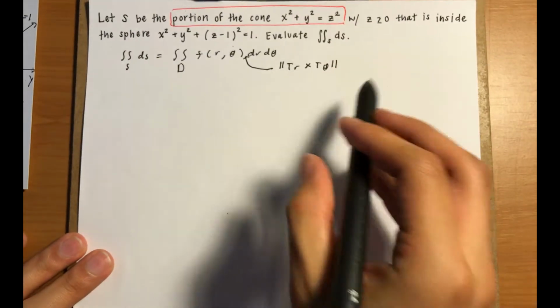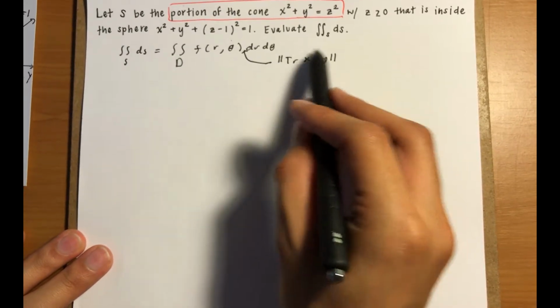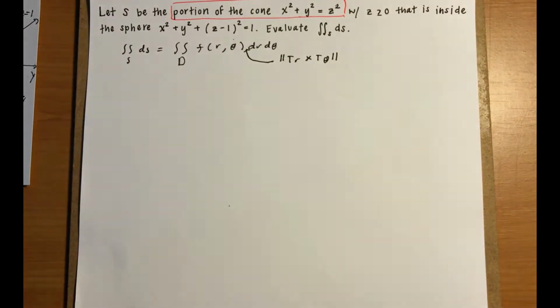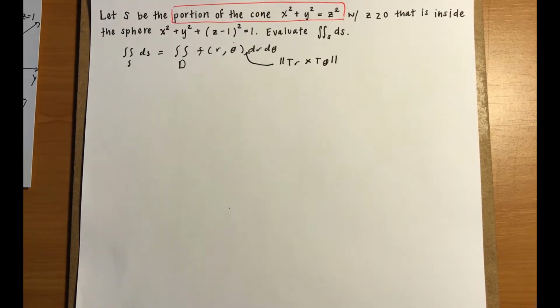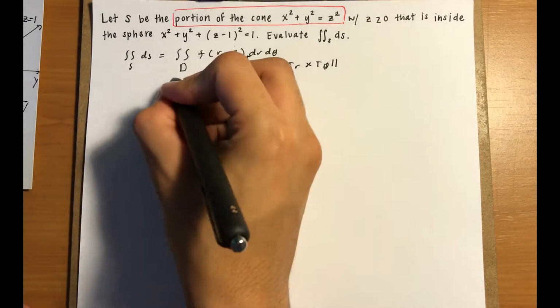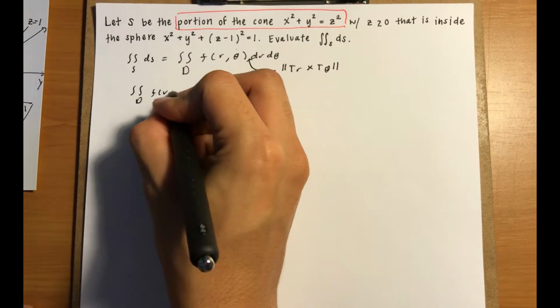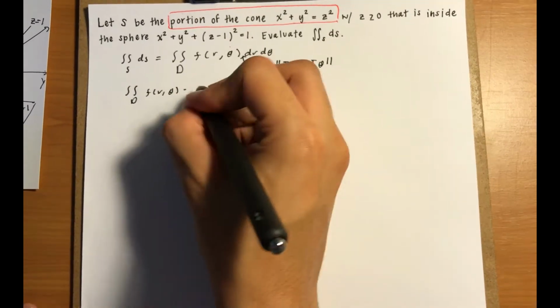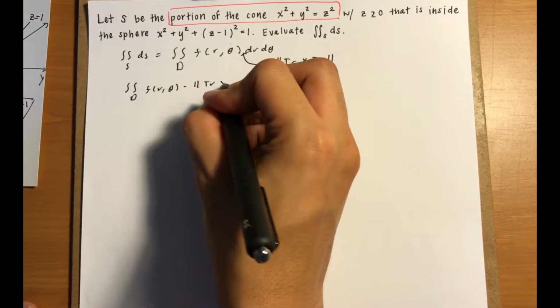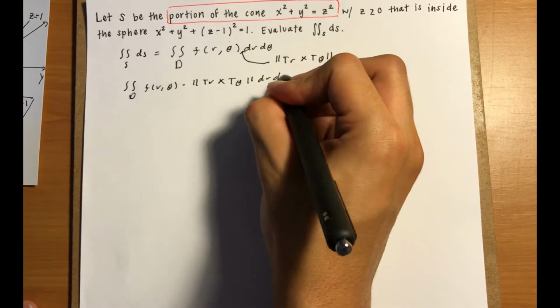We take the cross product between tangent vector r and tangent vector theta and find the norm. The norm just means that you square everything, add it, and take the square root. So the formula we're trying to solve would be the double integral of f of r and theta times the norm of the cross product between tangent vectors, dr d theta.